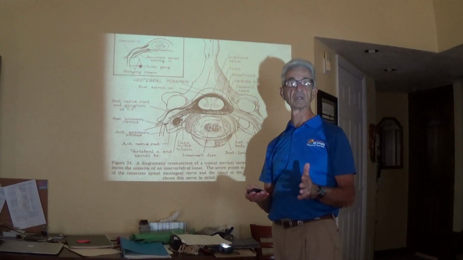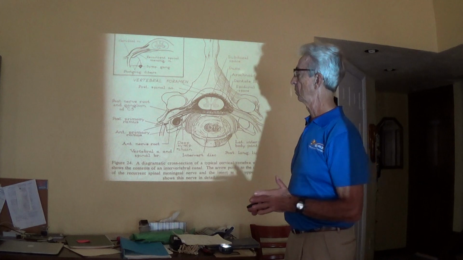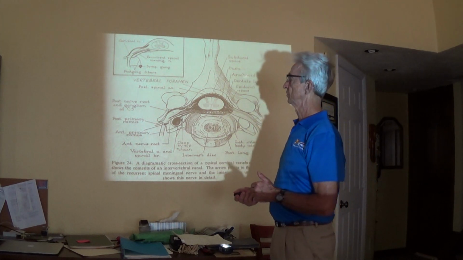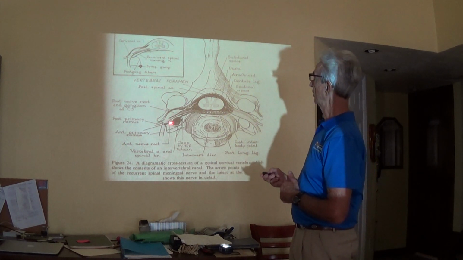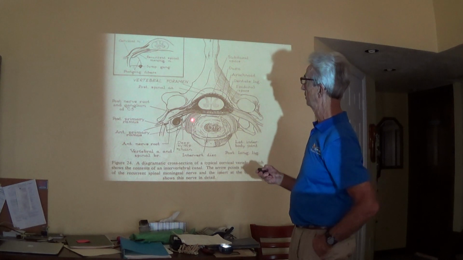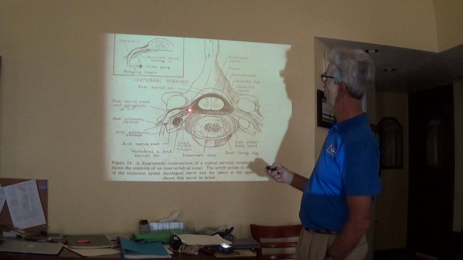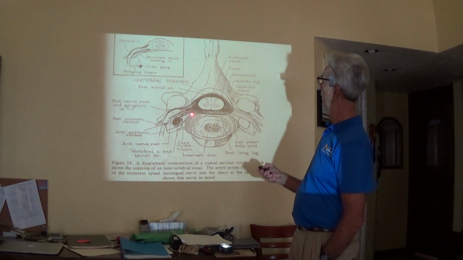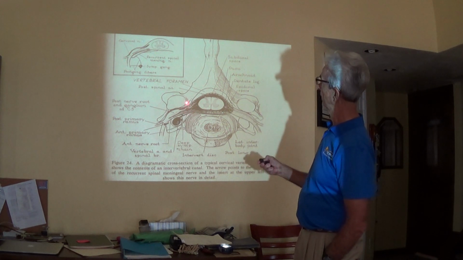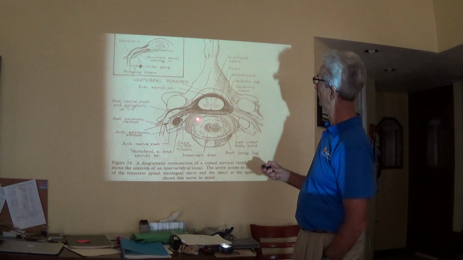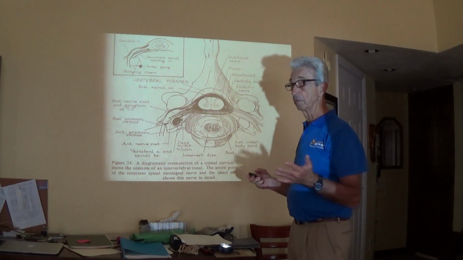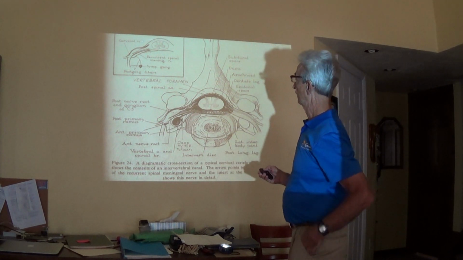You got 6 or 7 things here that can cause problems, and they do cause problems. Here's your joint of von Luschka, right here that borders the intervertebral foramen right here and helps to protect this area from disc protrusions, although that can be violated. It is violated many times.